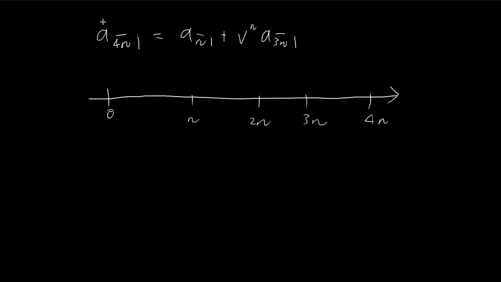On the right-hand side, first we have this component, a_n, which is payments from time 0 to time n. Then we have v to the power of n, and something is happening here that we're going to discount back. That something is an annuity of 3n, just more payments all the way from n to 4n. So this covers 3n.